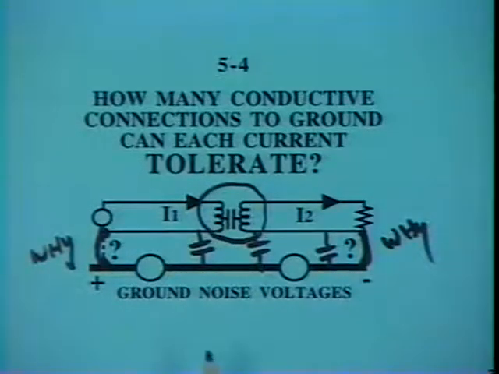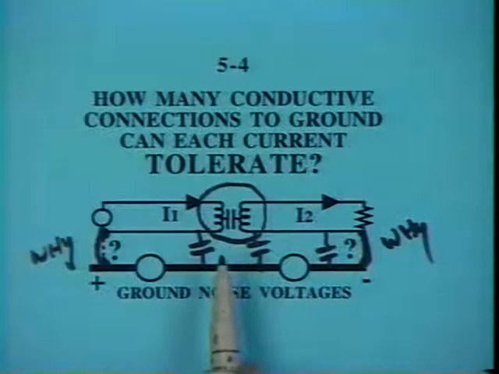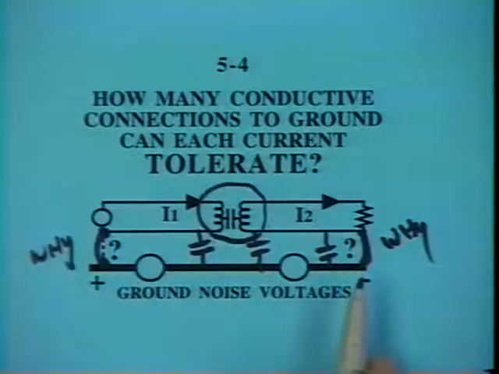So I would say so far, if we've designed it for this configuration, we could be okay. That is, if we've designed to have adequate isolation between the two sides of that transformer, we could tolerate more than one grounding connection on the system. The system has two ties to ground, but each current only has one conductive tie to ground.